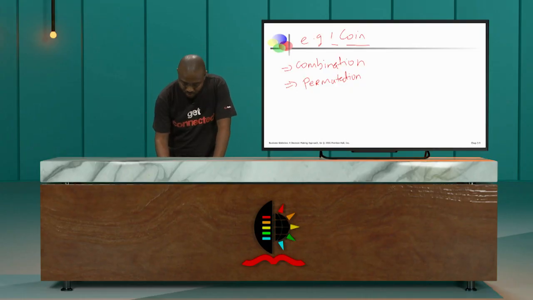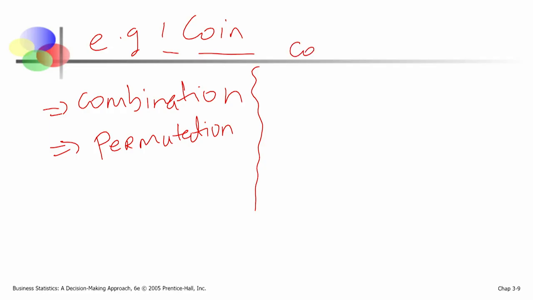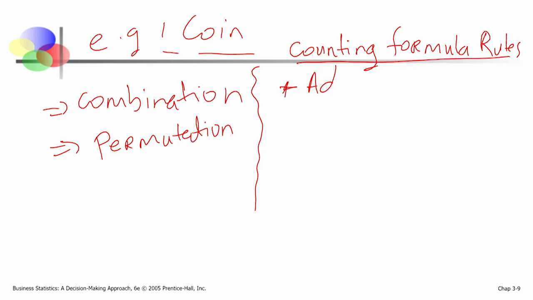Now, we're talking about rules, the counting formula rules. It's either the addition rule or the multiplication rule.